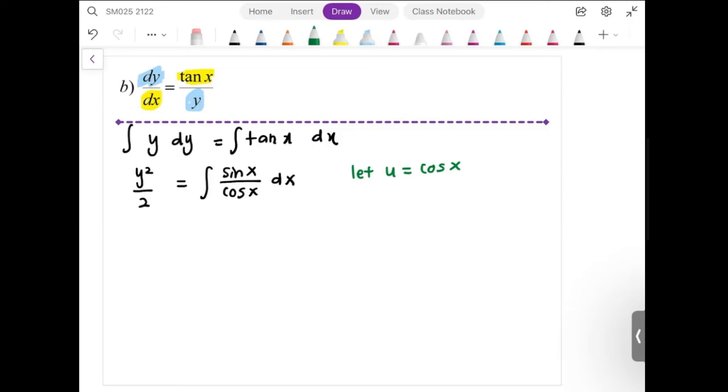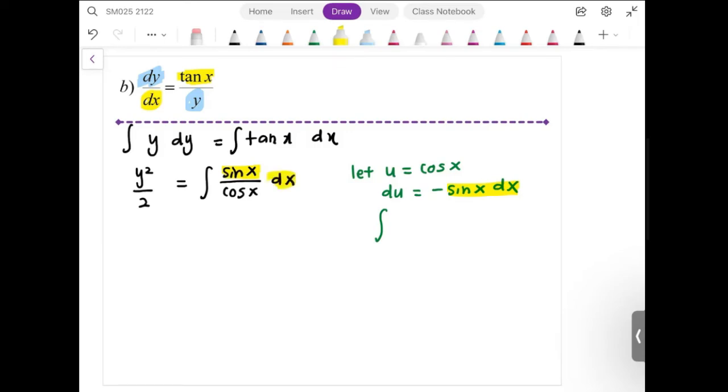Alright, next we have to differentiate this. Differentiate cos, we get negative sin x dx. So now we can change everything in terms of u. Okay, this is why we chose the bottom. So, sin x dx is exactly the same as the one on top. Sin x dx, we can change that to du.